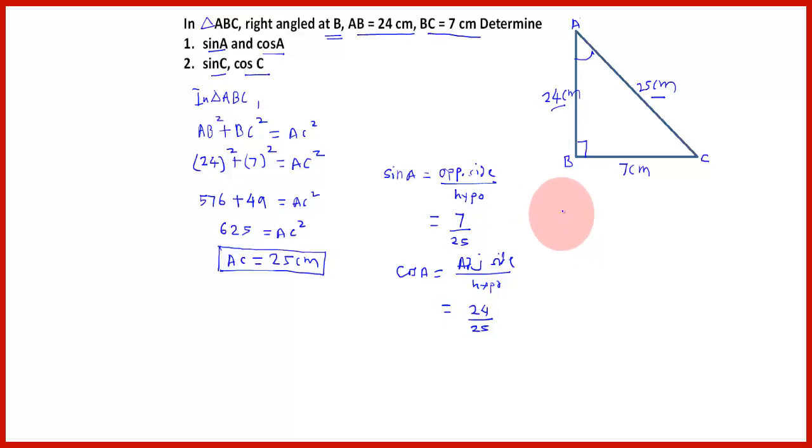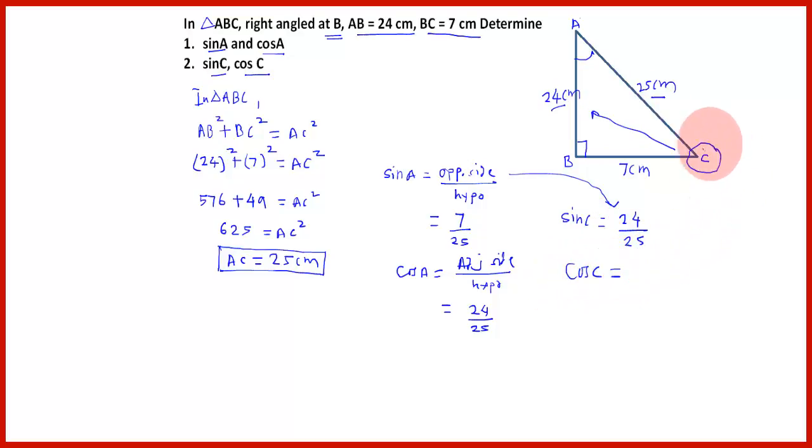Then we have to find sin C. Sin C is equal to again opposite side upon hypotenuse, but here now the angle is changed, so its opposite will be 24 and hypotenuse will remain same, so it will be 24 by 25. We have to find cos C also.